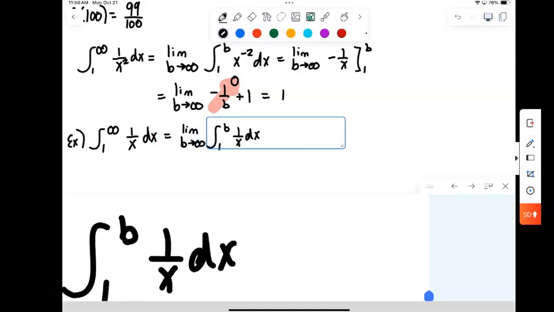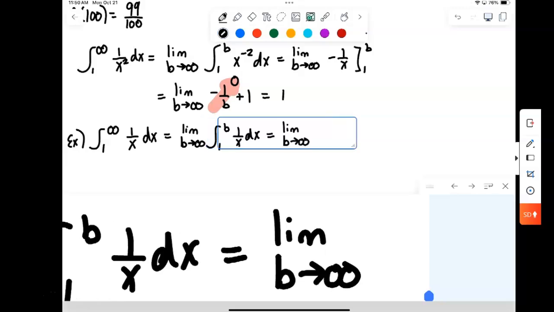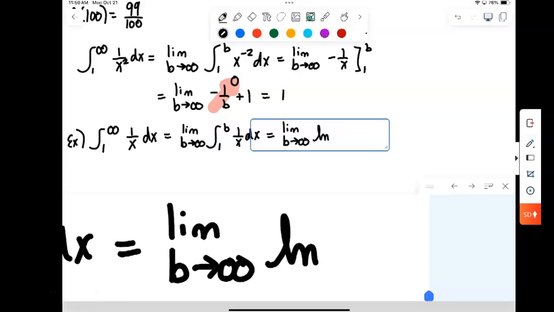That would be the limit as b goes to infinity of the ln of x evaluated at 1 and at b.